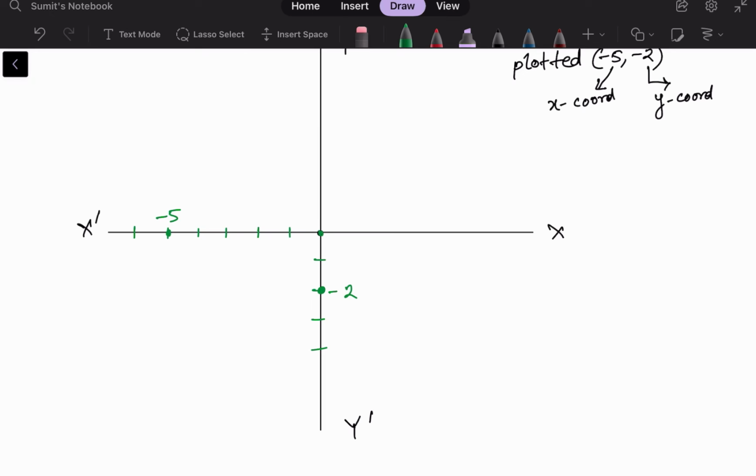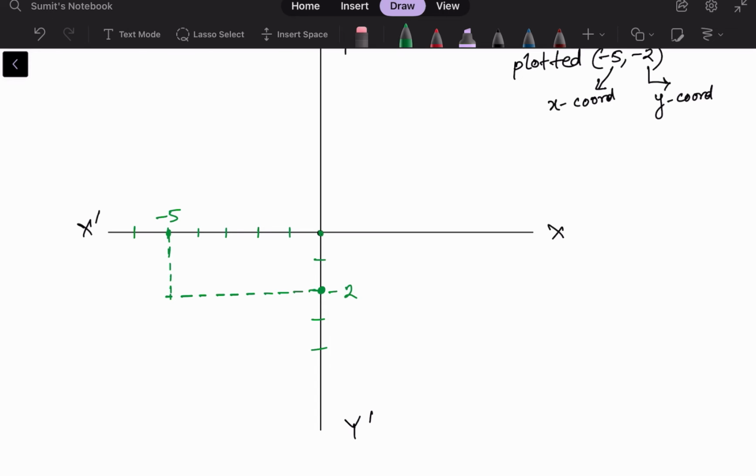Now we draw perpendicular lines, by a dotted line on your graph copy. Using a scale, draw a perpendicular line from -2 on the y-axis and from -5 on the x-axis. The intersection point will be the point.